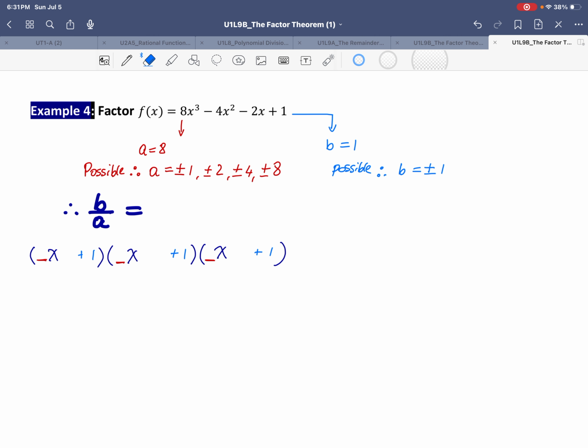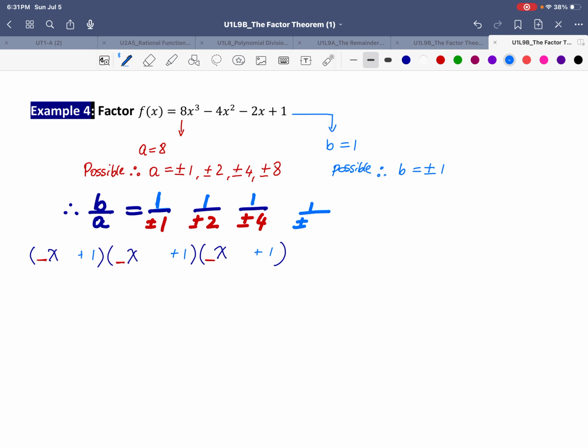So we're going to say that would be 1 divided by plus minus 1, 1 again divided by plus minus 2, 1 again divided by plus minus 4, and lastly again we have 1 divided by plus minus 8.